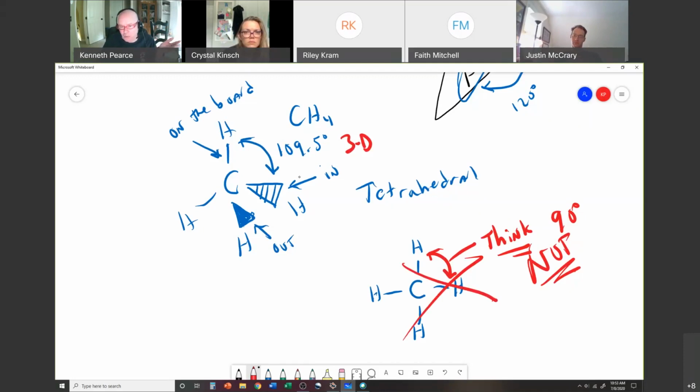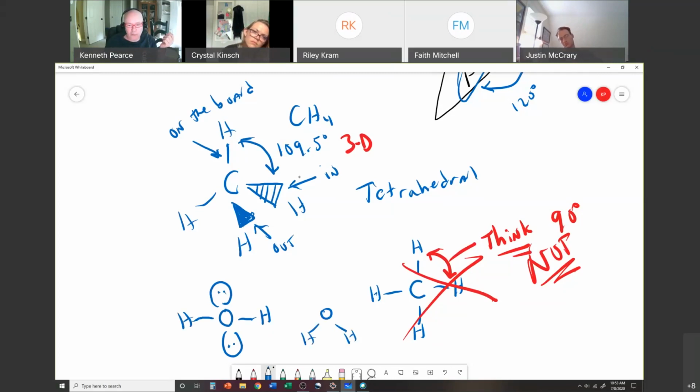It's not 90 degrees. Now, most people can get past this, but what'll happen is that a water molecule, for instance, if you do the Lewis dot, you end up with something that looks like that. And you may say that this is linear, but it's not. A better way to draw it is with bunny ears.